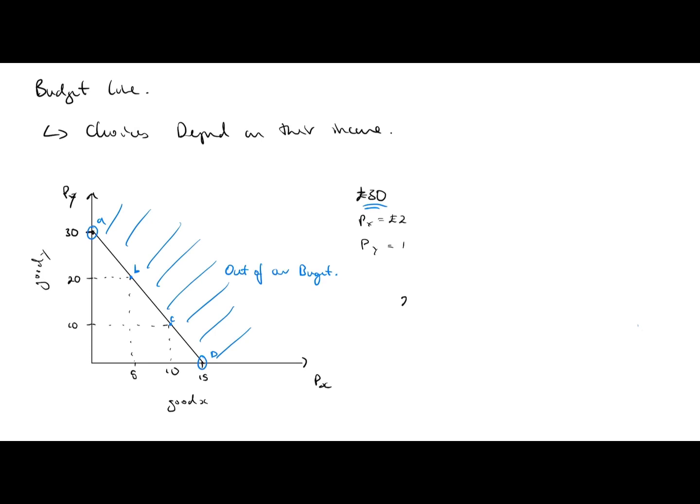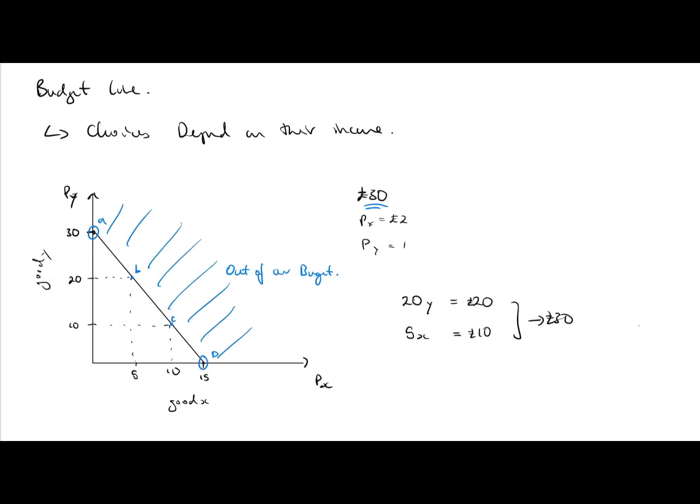You can have 20 of good Y, which is with £20, and you could also have 5 of good X, which is £10, and that would total to 30. And that goes in line with what I was saying of how it shows all the possible combinations of two goods that can be purchased for that budget.